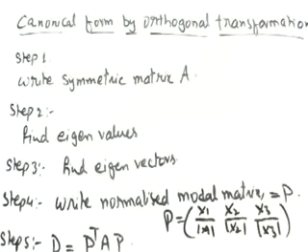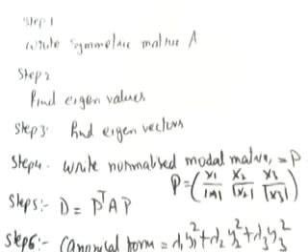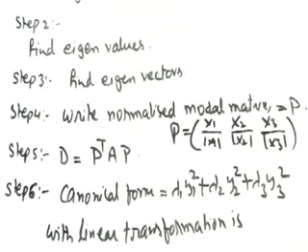The third step is to find the eigenvectors. And step 4 is to write the normalized modal matrix. We already did this in the previous classes. The normalized modal matrix is x1 by mod x1, x2 by mod x2, x3 by mod x3.